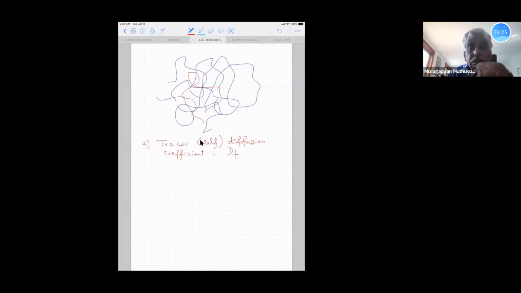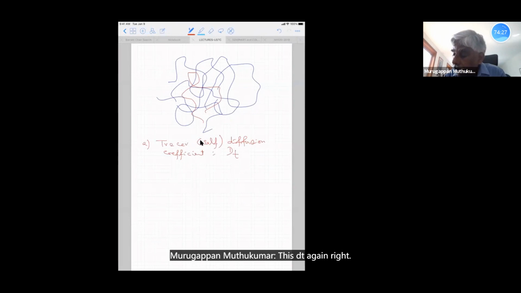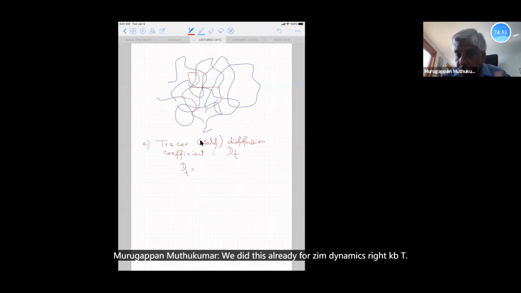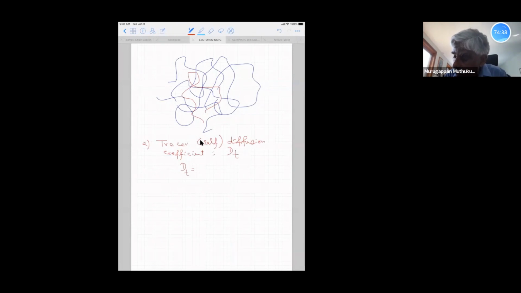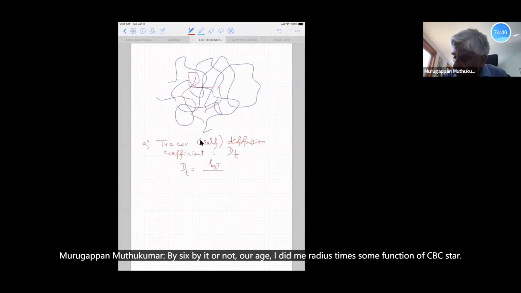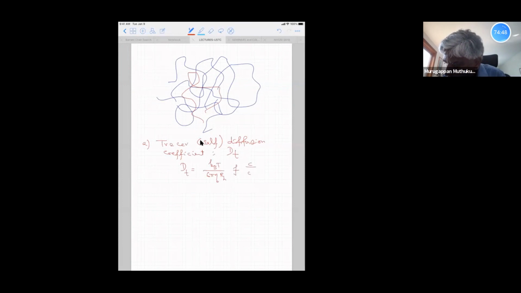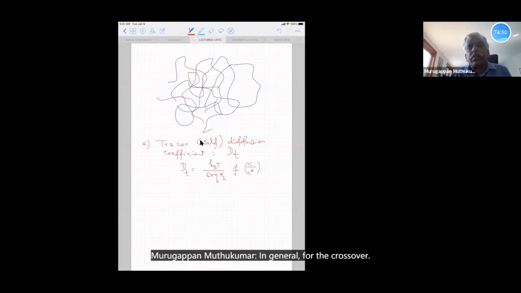This DT, I can write in general, we did this already for Zimm dynamics, as kBT by 6 pi eta naught RH, the hydrodynamic radius, times some function of C by C star, in general for the crossover.